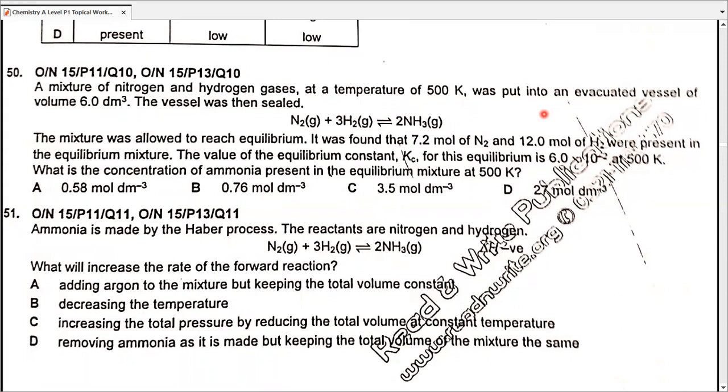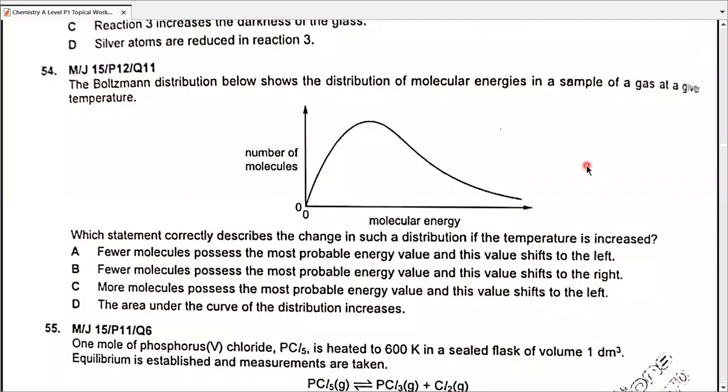The Kc is 6 into 10 raised to power minus 2, right? You said 6, right? Yeah, 6 into 10 raised to power minus 2. That's correct. Energy value, and this value shifts to the right.